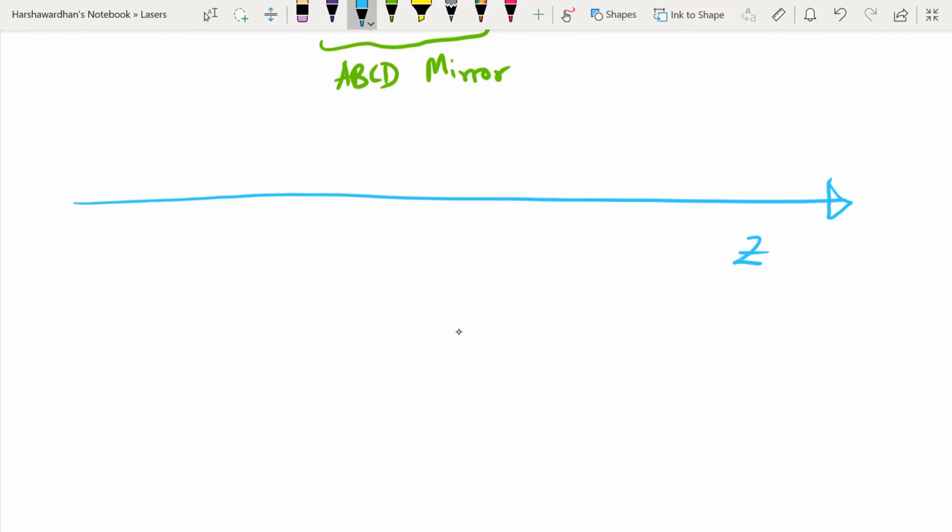I'm interested in looking at a propagation of the ray across multiple lens elements. So imagine this. Imagine I have something convex. This is F1, this is F2, and then I have maybe a mirror.